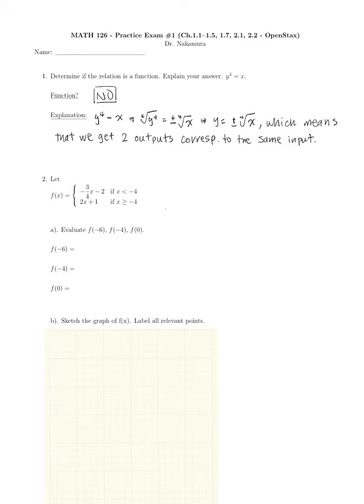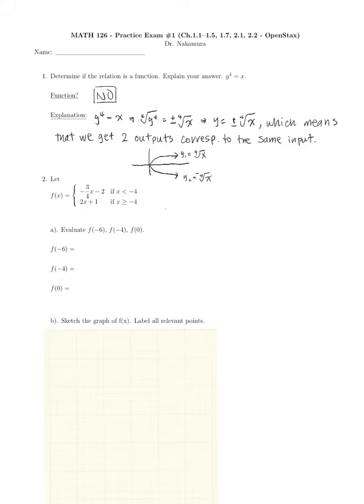And also another way to think of it is this: if you know what the graph of plus or minus 4th root of x looks like, the positive side is going to look like this, and the negative side is going to look like that. So this part, y1, is positive 4th root of x. This is y2, negative 4th root of x. Now notice the vertical line test.